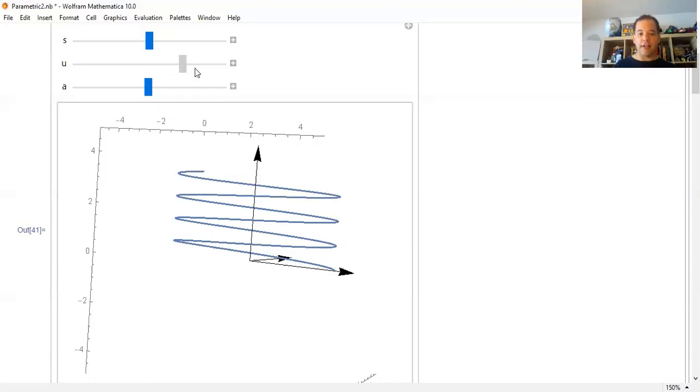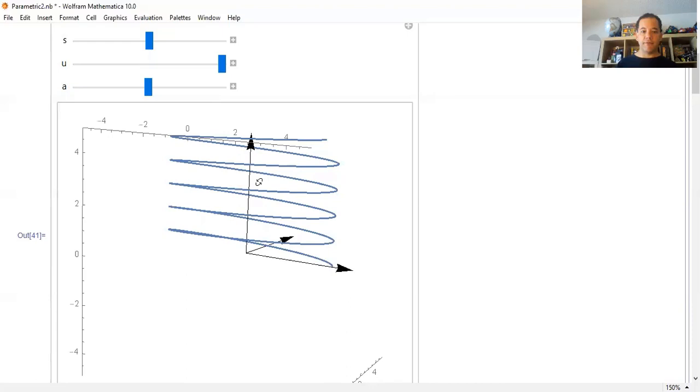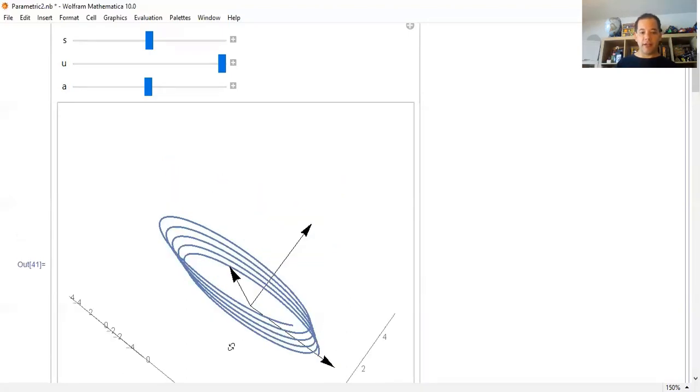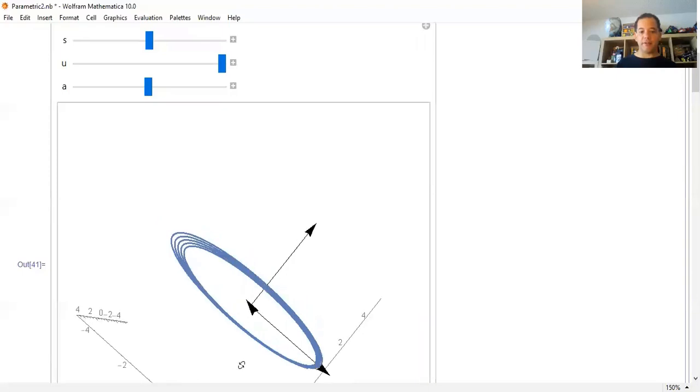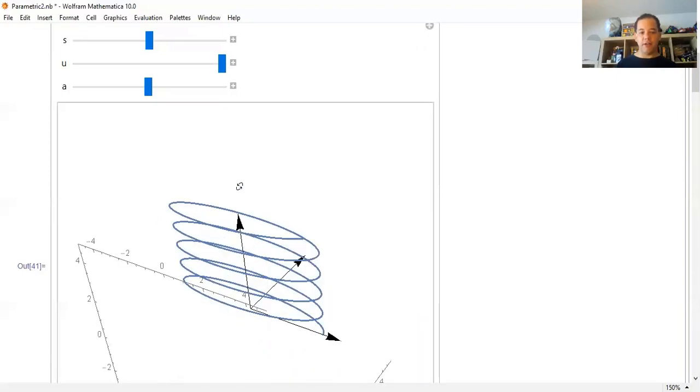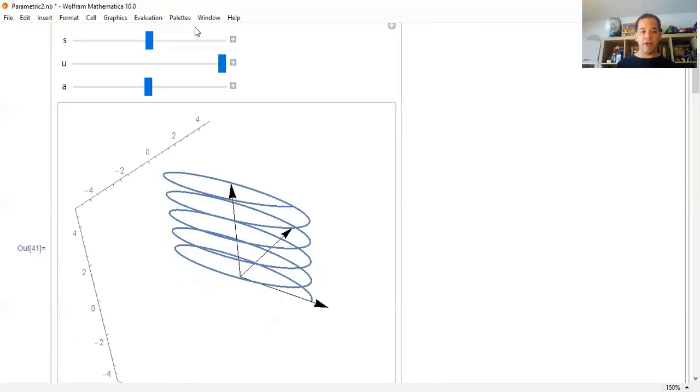So this is kind of like a spring, right? But it's not in the shape of a circle. It looks a little bit like a flattened spring. See, look from the top how it looks. It looks like an ellipse, right? The ellipse that we were talking about. And look right here how it's winding around.